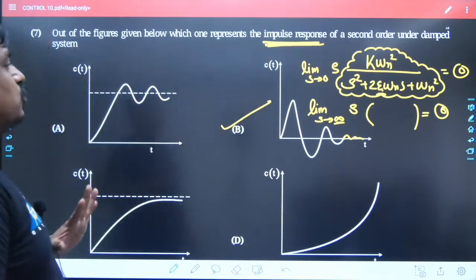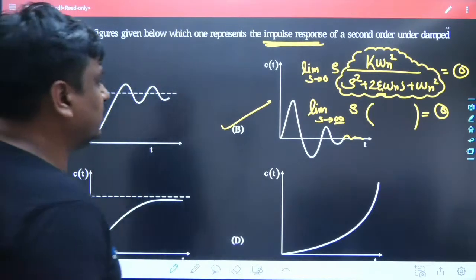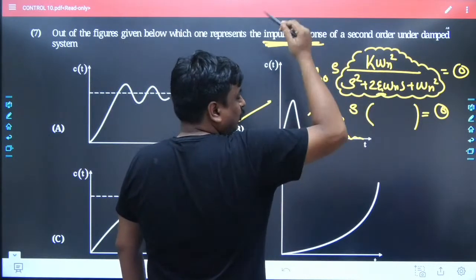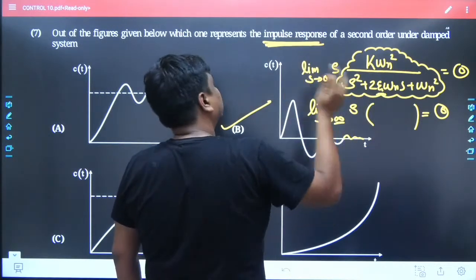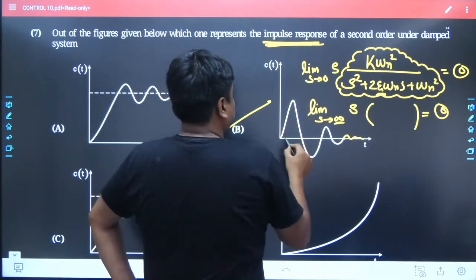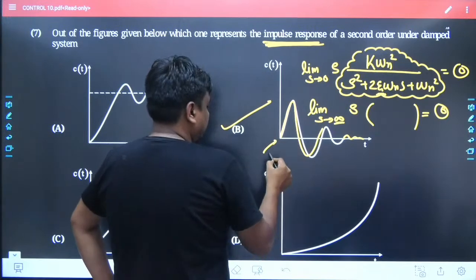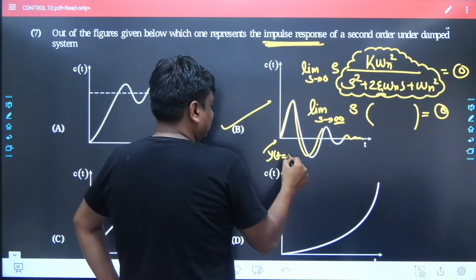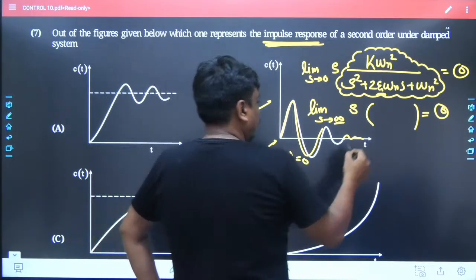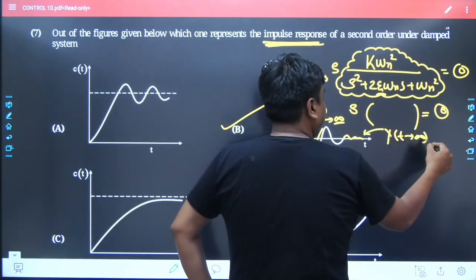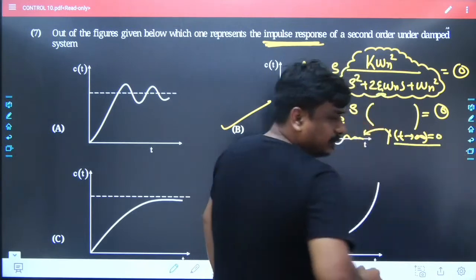Could you understand what exactly I wanted to communicate through this? And because of zeta, the poles are symmetrically located, having negative real part and complex conjugate form, there would be oscillation. So again I say this is the initial value at t equals 0 plus, and that is 0, and the steady state value when t tends towards infinity is also 0.